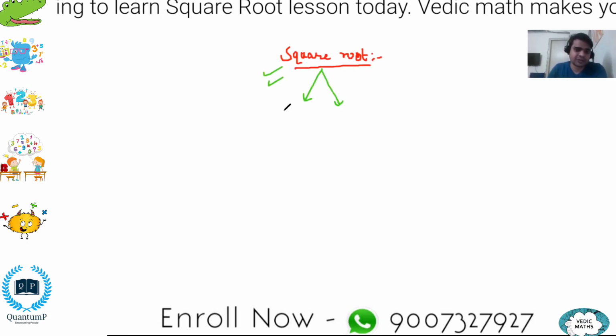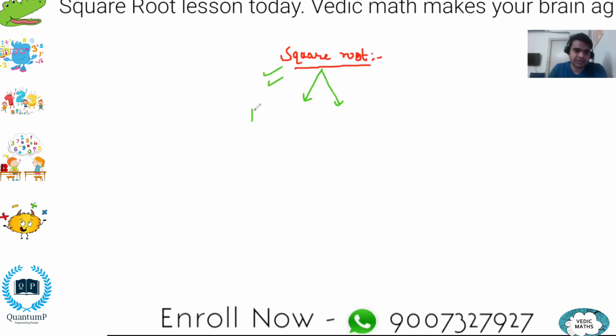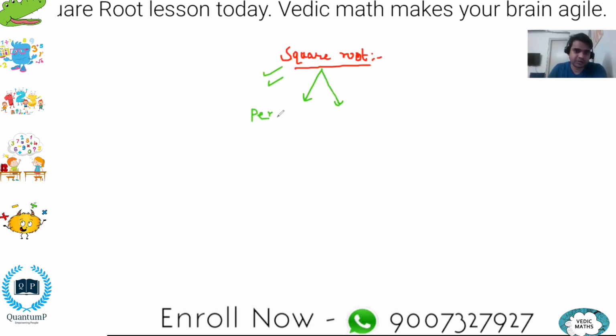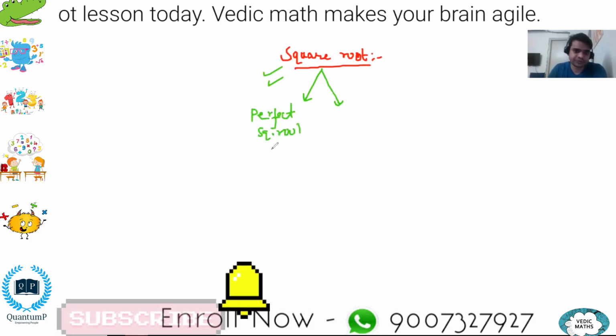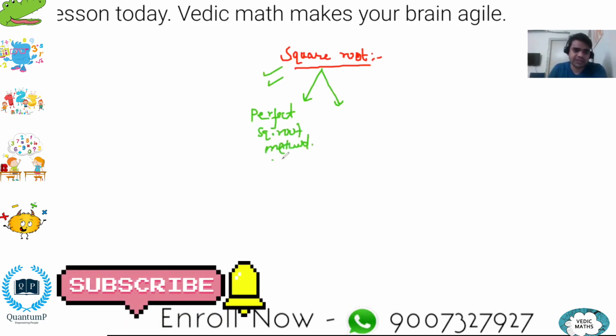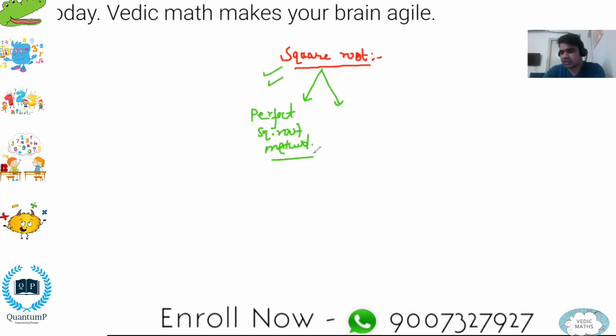Our first method is named the perfect square root method. Basically it does all the square roots where your answer is not in decimal.